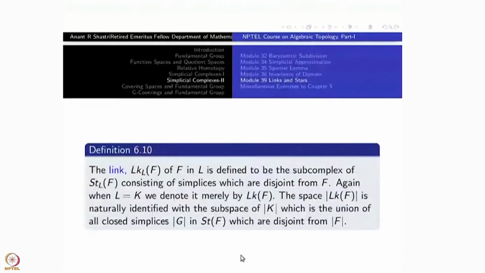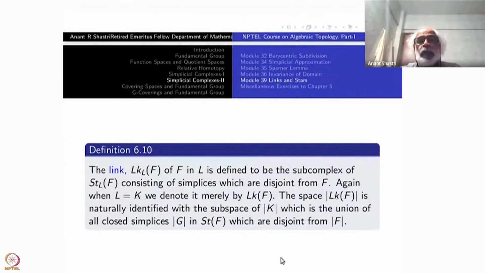Now I define another concept called link. So this topic is called links and stars. The link of F in L, where L is a subcomplex, F is a subsimplex, and so on, is defined to be the subcomplex of the star of F. Remember what is star of F?